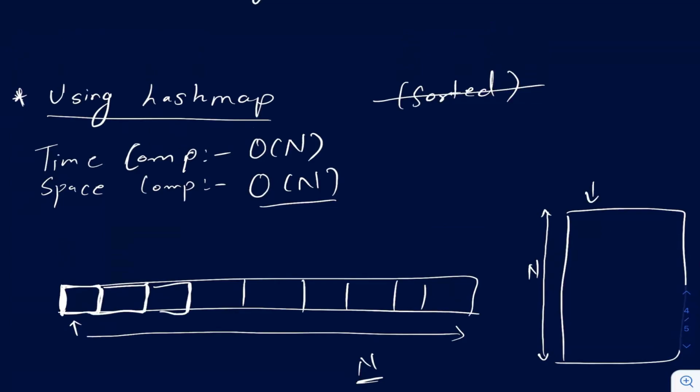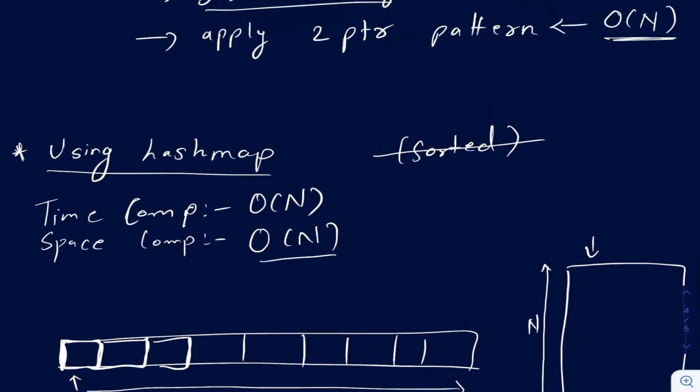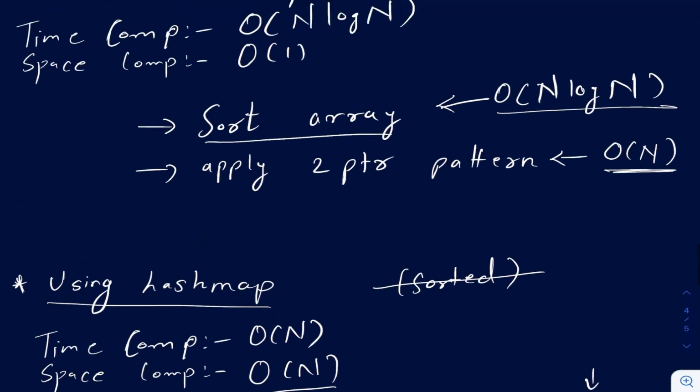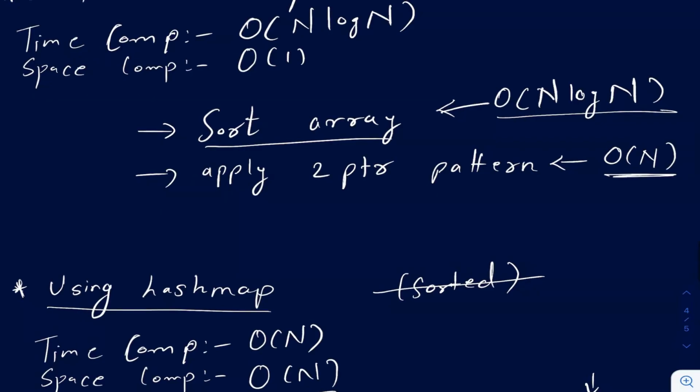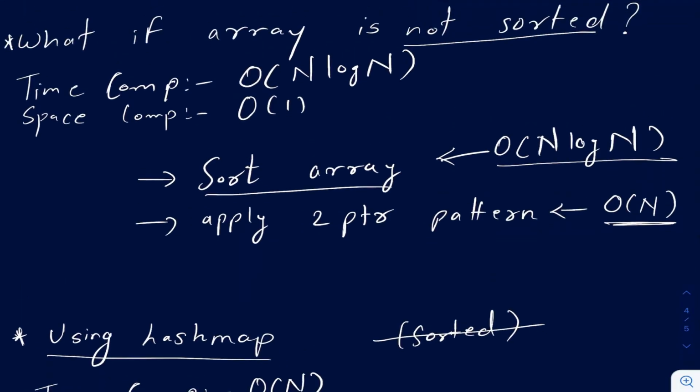So basically, if I am given that my array is not sorted and I want to solve this particular problem, then apart from the brute force approach, obviously, I have two approaches. One is you sort the array and then apply the two pointers pattern. In that case, you would have time complexity of n log n and space of O of 1.